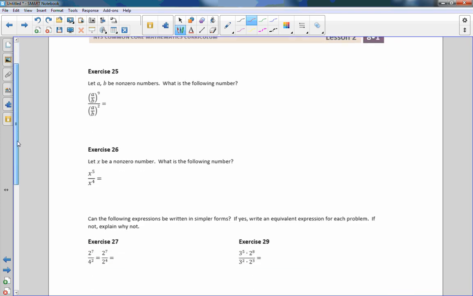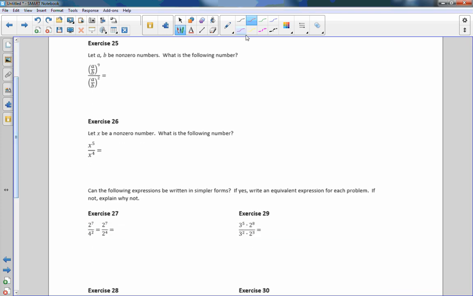Exercise 25. Lots of exercises in this. Okay. Let A, B be non-zero numbers. What is the following number? A divided by B to the 9th divided by A divided by B to the 2nd will give me A divided by B to the 9 minus 2.